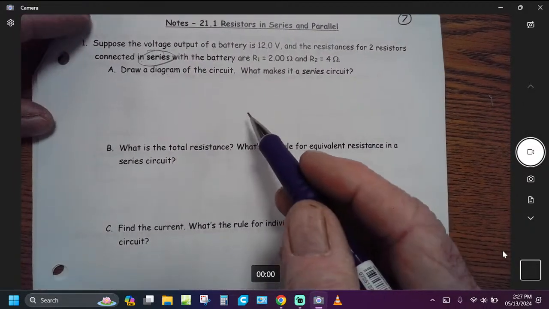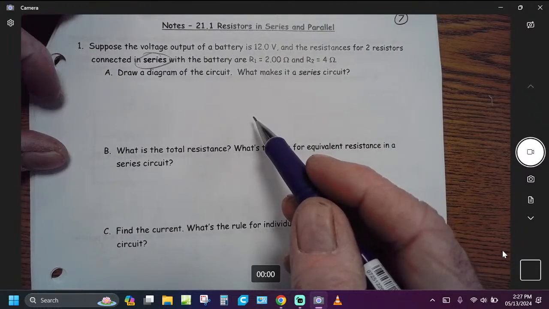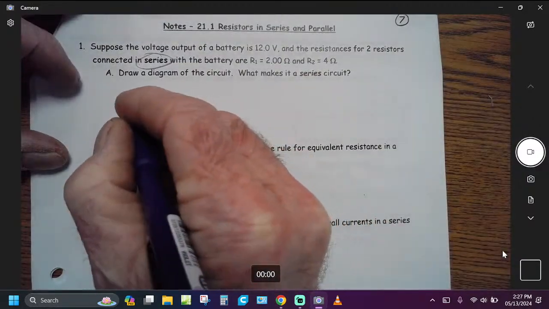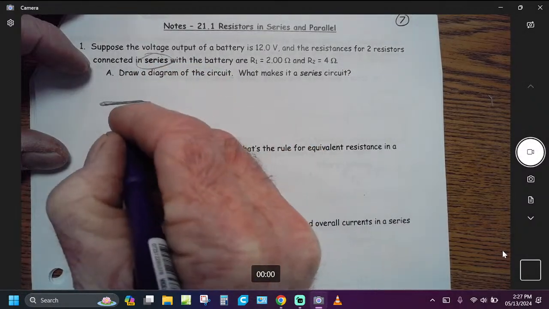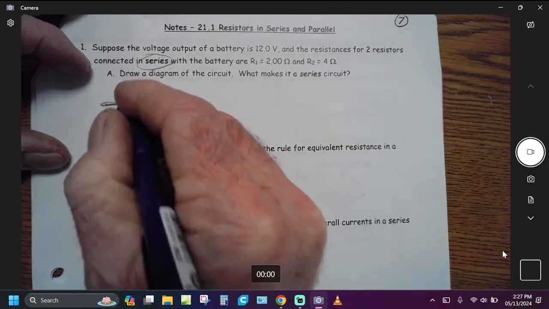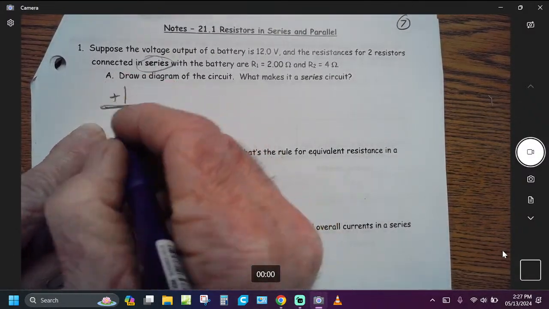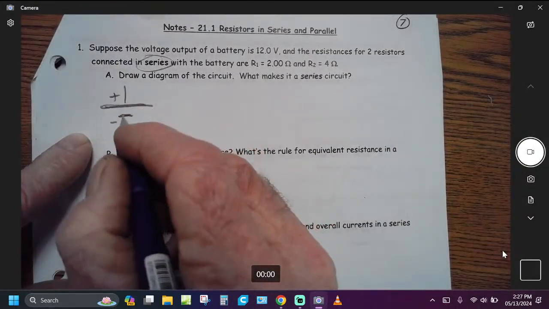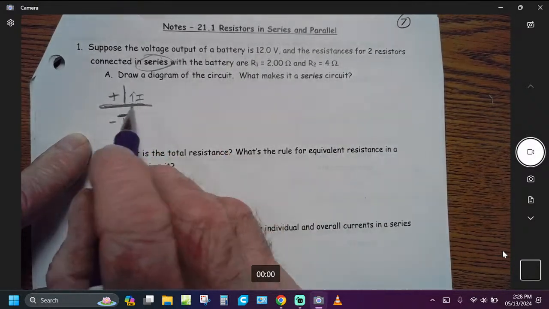So this is going to be a series circuit. Those of you who are here, can you picture what that's going to look like? It's going to be a line of resistors. Over here on the left, I'll do it like I've done in the past. This wide plate is positive, and the less wide plate is negative. So that's a battery or something, and it's driving current out of the positive.